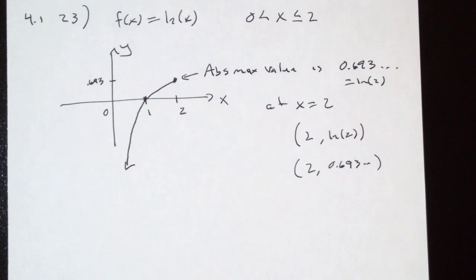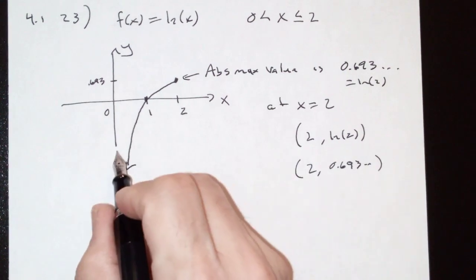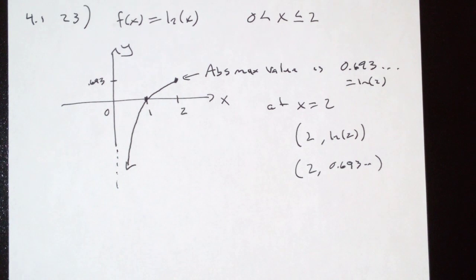Is there a lowest point on this graph? Well, because this asymptote exists at 0, that means I can continue getting closer and closer and closer to x equals 0 and continue to go down.